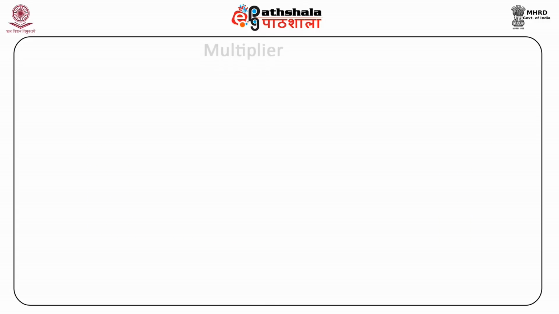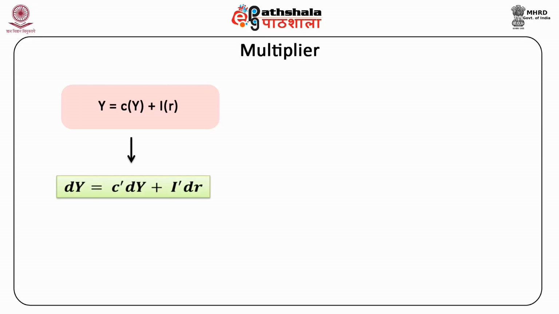In equilibrium, the output produced by the firms must equal aggregate expenditure. That is, Y equals C(Y) plus I(r). On differentiating, we get dY equals C' dY plus I' dr. On further solving, we get dY equals 1 by 1 minus C' into dI.